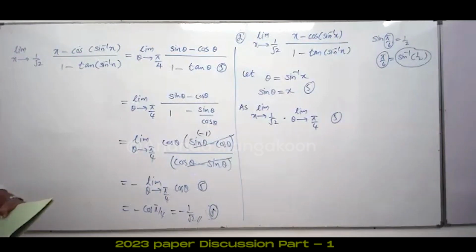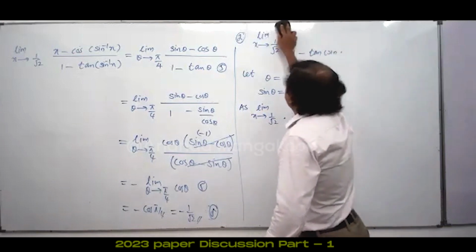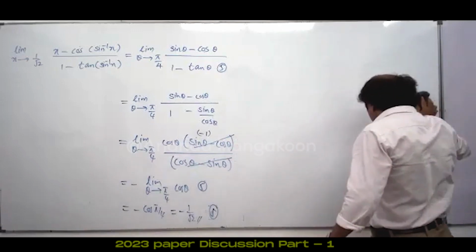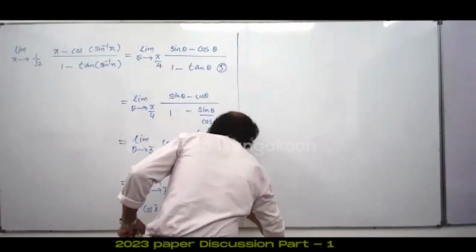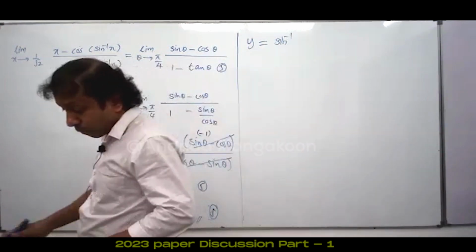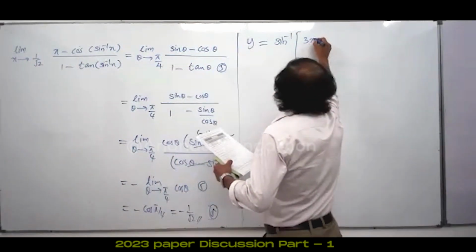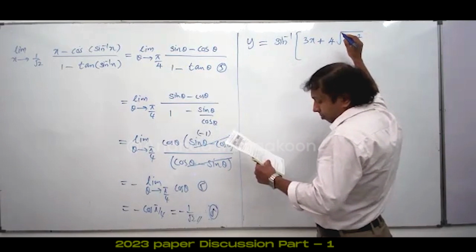Right, its second part. Given y equals sin inverse of (3x plus 4 times square root of 1 minus x squared) divided by 5.